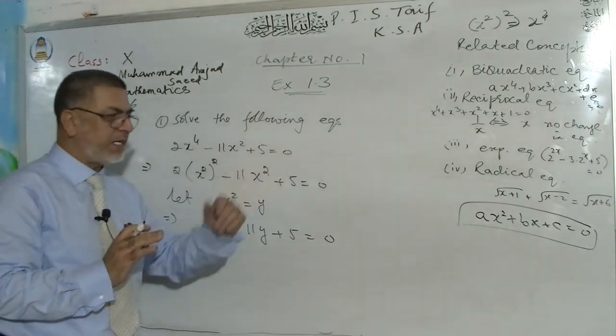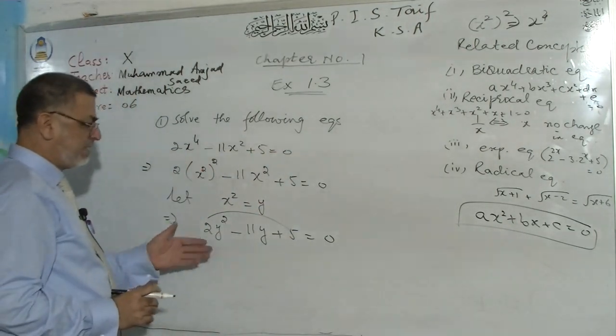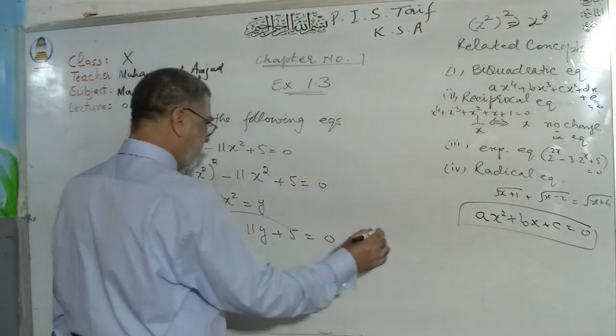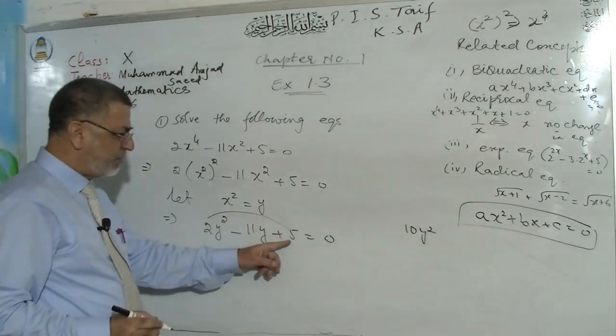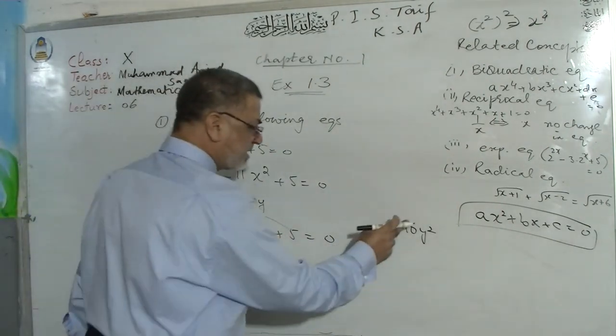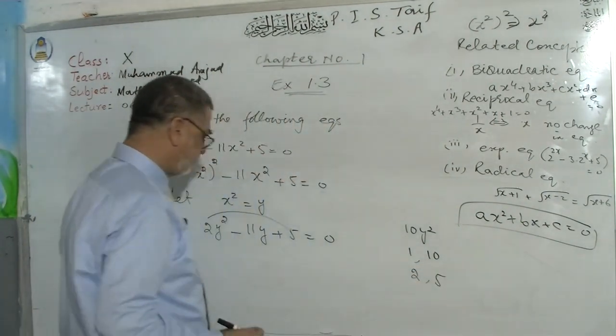Now, by the previous method, you multiply first and last, make the pairs, factors, and then solve it. It will be 10y square, 2 into 5. Make the pairs: 1 and 10, 2 and 5.